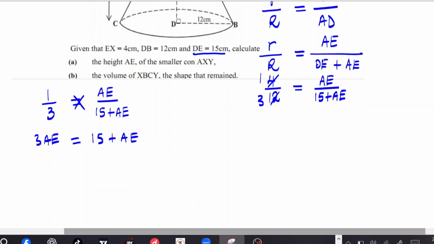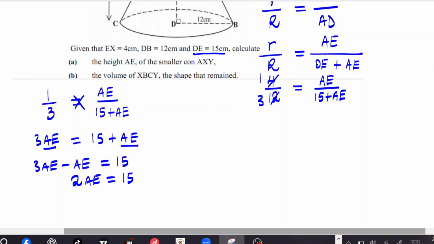Okay, from there, what are we going to do? We will collect like terms. So we have 3 AE, and this AE will cross the equal sign to become negative AE, equals 15. Then 3 AE minus AE will remain with 2 AE equals 15.